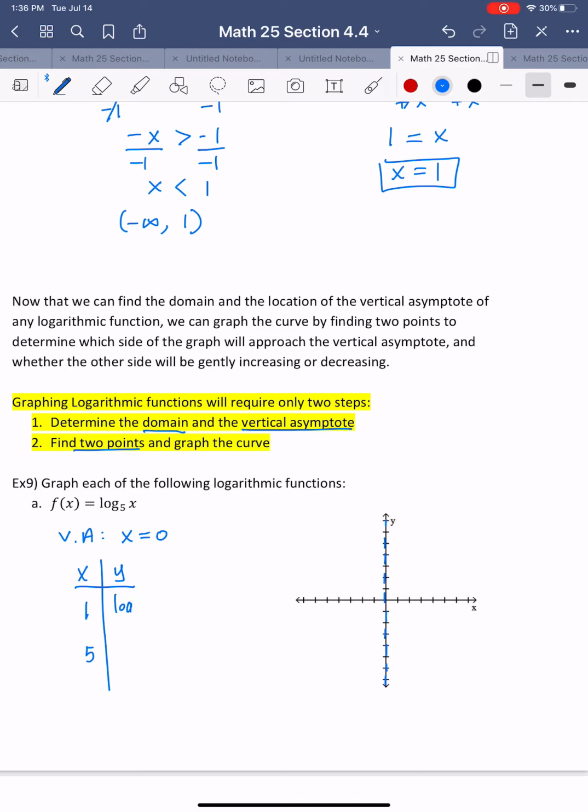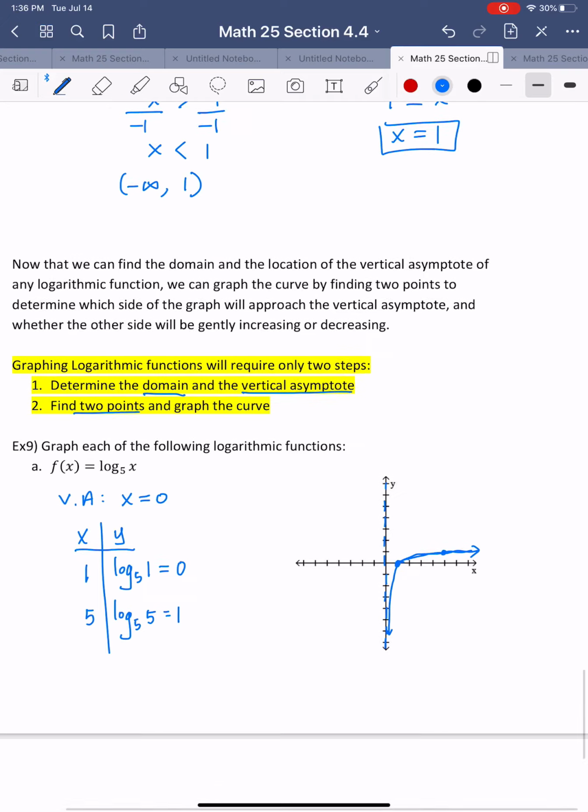When you put in 1, it's always equal to 0. When you put in 5, it equals 1. So the points are (1, 0) and (5, 1). The behavior is going to be this way, slowly increasing, okay? Alright, next page.